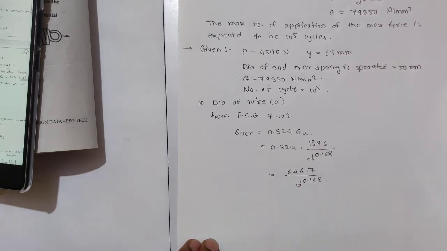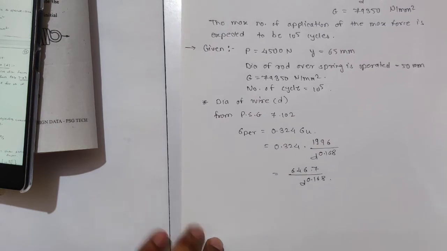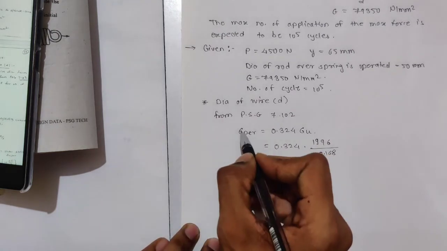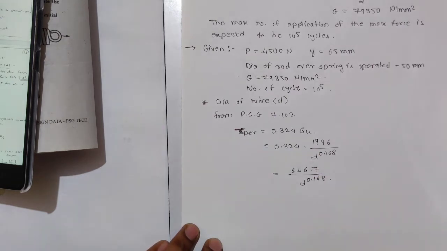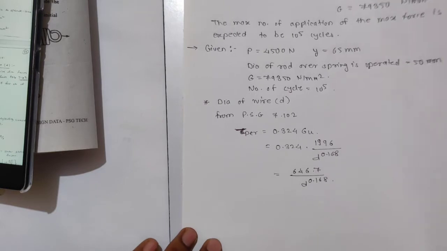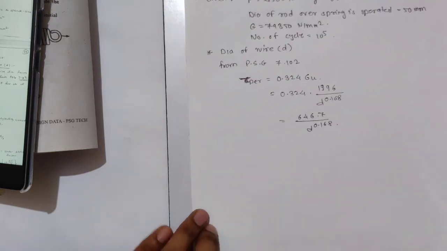Okay, so this is tau design, or so this is not sigma, it is tau permissible. Permissible shear stress, right? So you can say tau permissible or tau design, that is same.